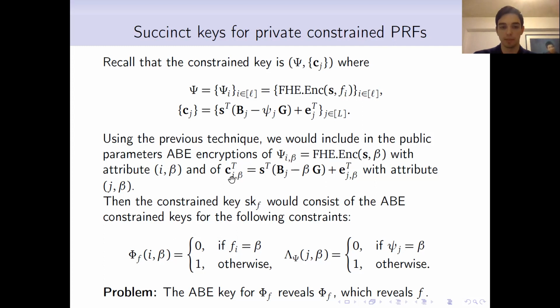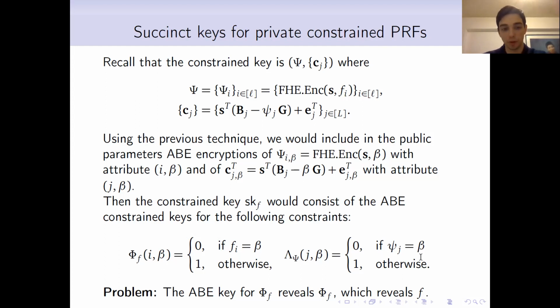We encrypt C of J and beta with attribute J and beta. And then our constraint key would consist of the ABE constraint keys for these two constraints. Phi of f, which accepts I and beta if and only if fi equals beta, and lambda, which accepts j and beta if and only if psi j equals beta.